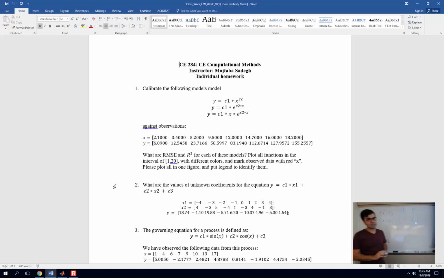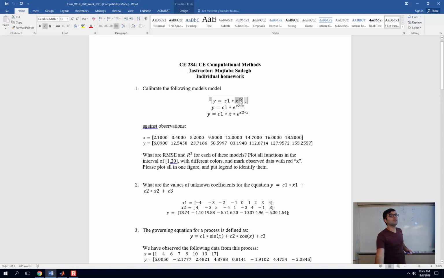But in this case, what is the coefficient of C1? That's C1 times x to the power of C2. So x to the power of C2 is basically the coefficient for C1, whereas the coefficient already includes another unknown. That can't be.